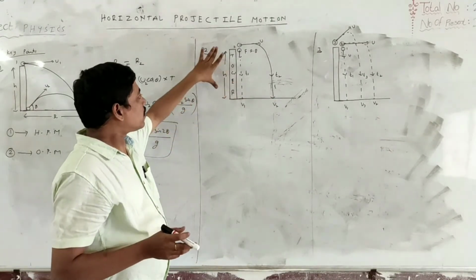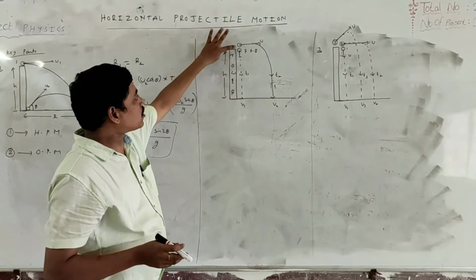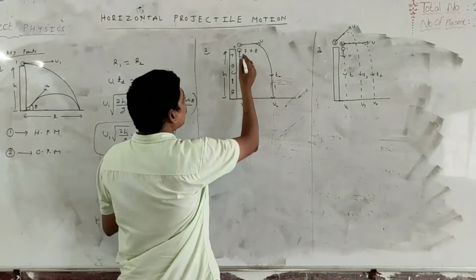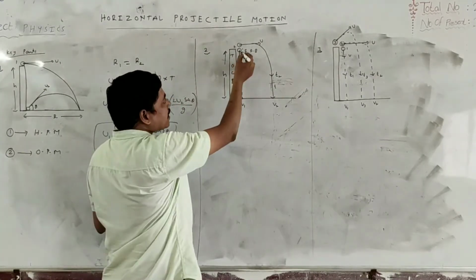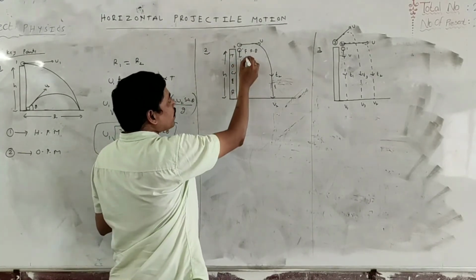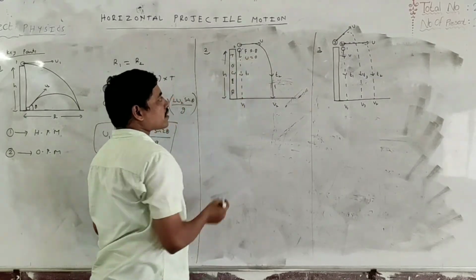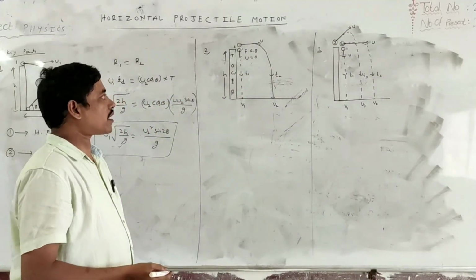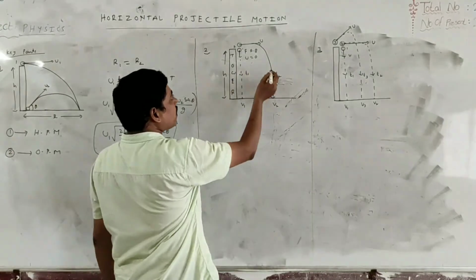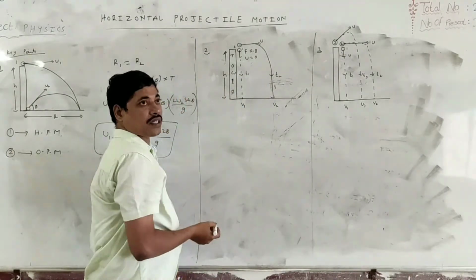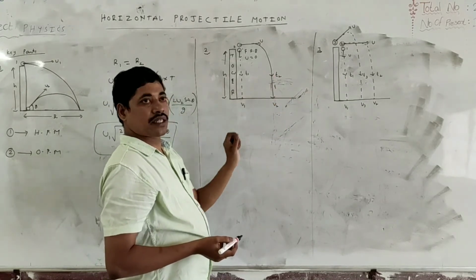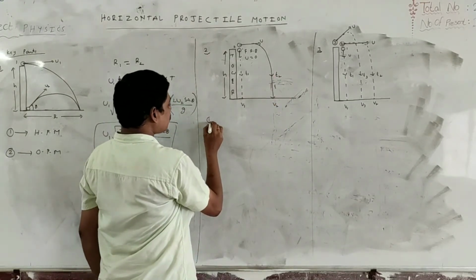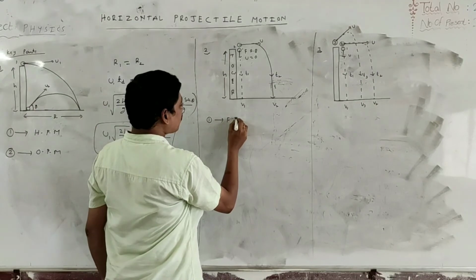This is the height of the tower. The first body is freely falling, with initial velocity 0. And the second body is in horizontal projectile motion with velocity u, striking with velocity v2 at a time t1.